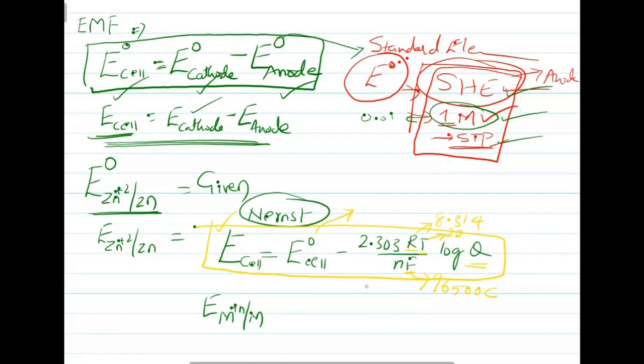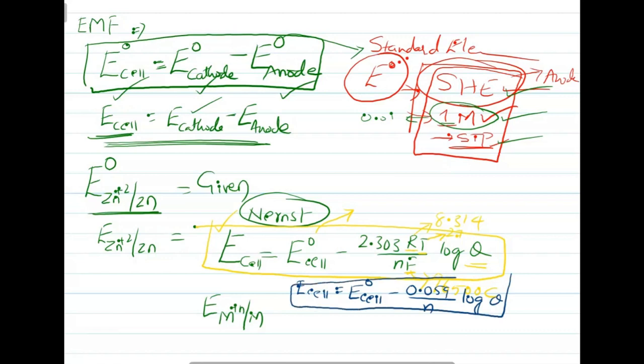If you apply all these values, you can simplify this equation. The simplified equation is E cell is equal to E naught cell minus 0.059 by n log Q. This equation we can use to solve problems, a very important equation.